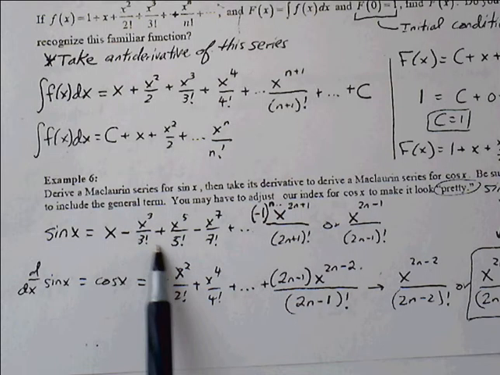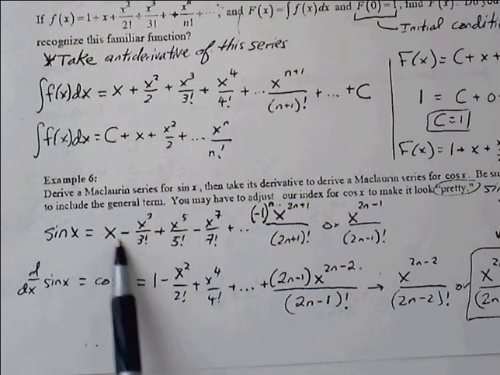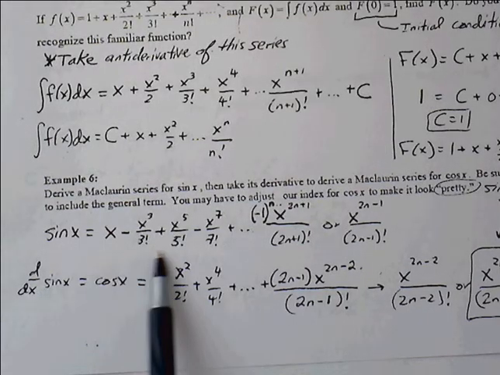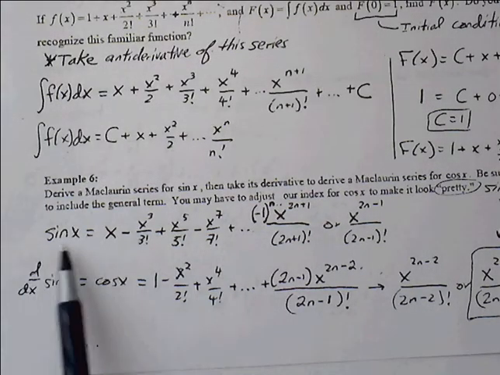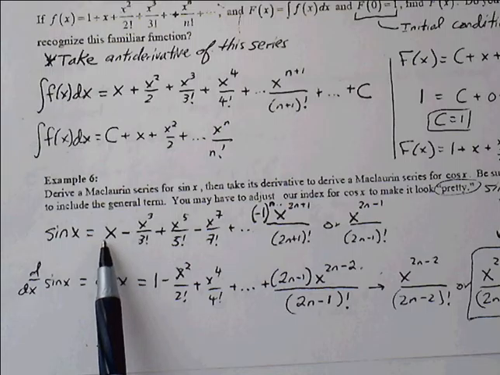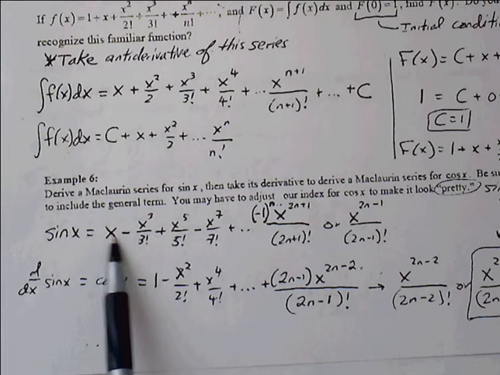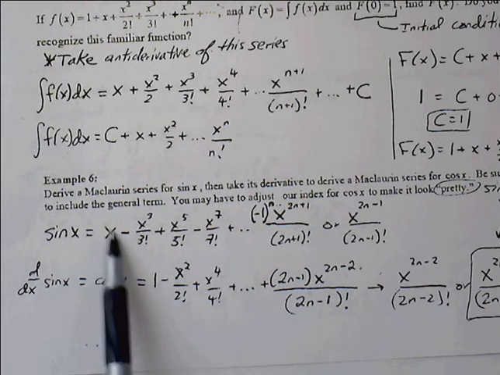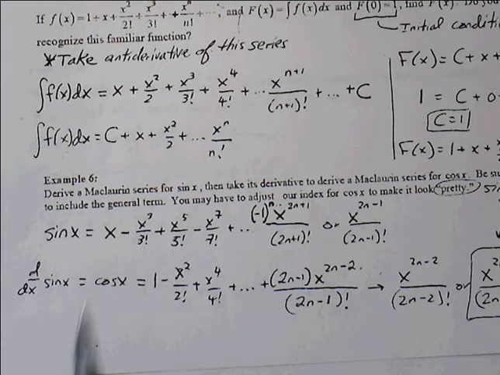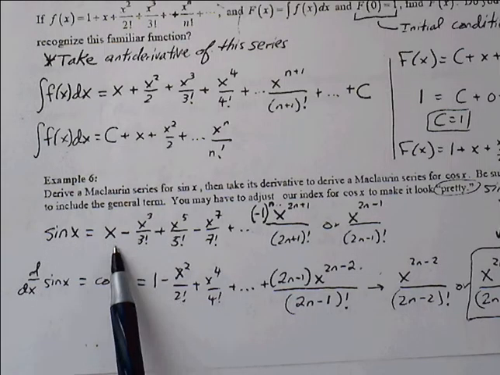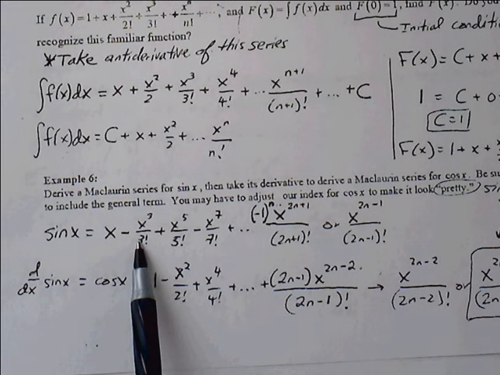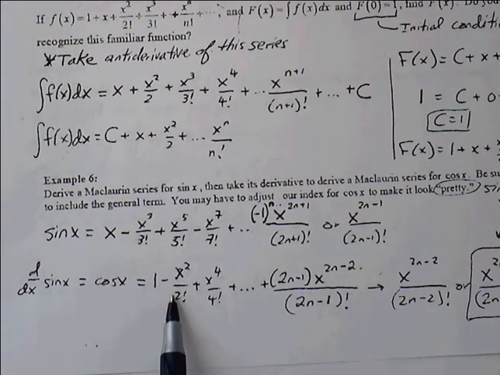So let's see what the derivative of this is. The derivative of sine is cosine, so therefore the derivative of this power series will have to be the cosine power series. So x becomes 1, x cubed becomes 3x squared, and the 3 will cancel out with the denominator, forcing that denominator to be just 2 factorial.